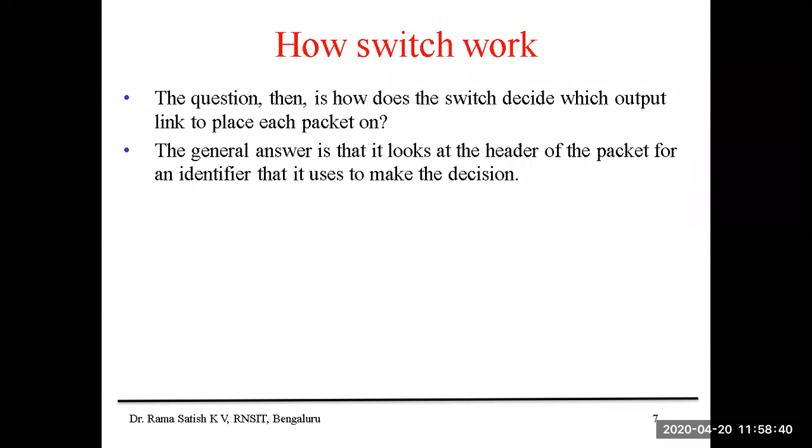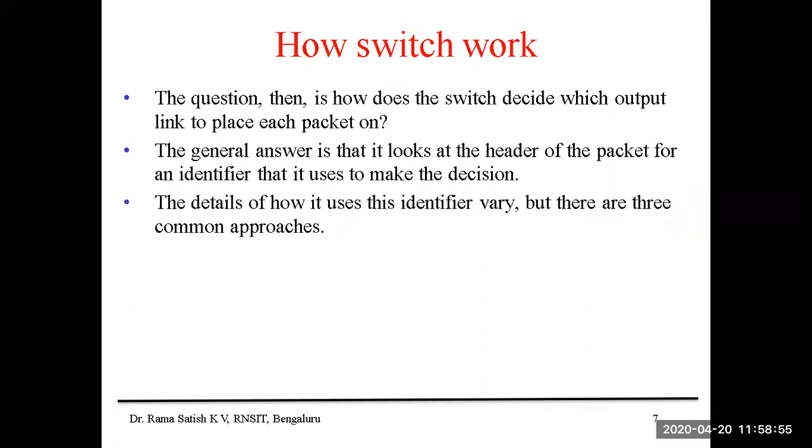The general answer is that it looks at the header of the packet for an identifier that it uses to make the decision, and this is done based on the table. The details of how it uses the identifier vary, but there are three common approaches.